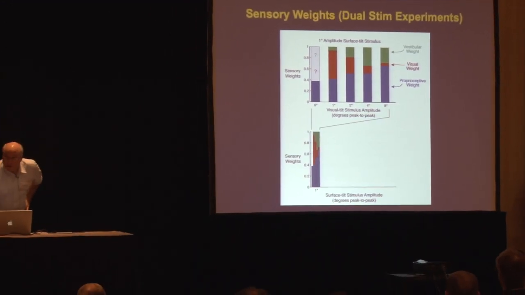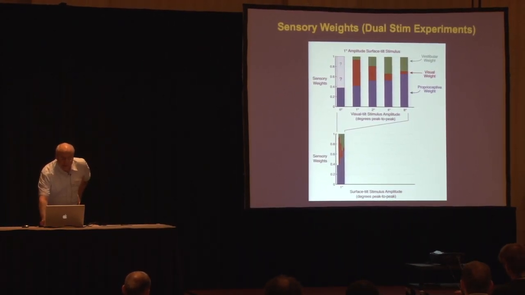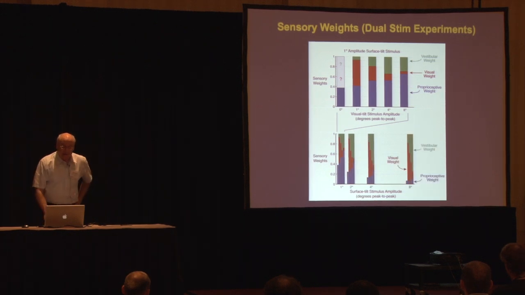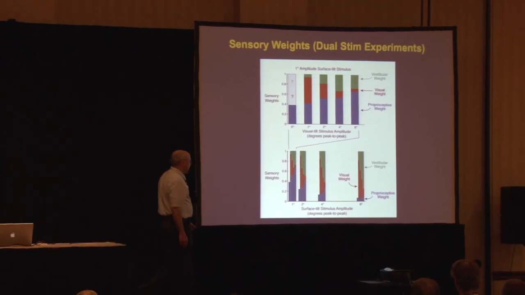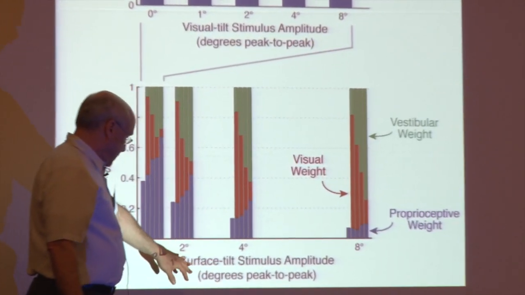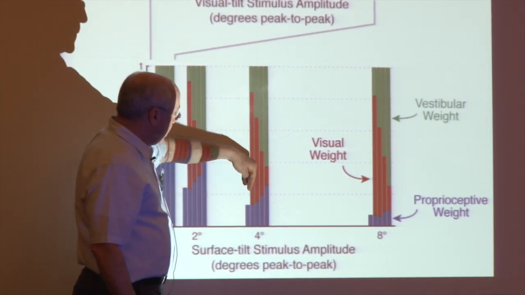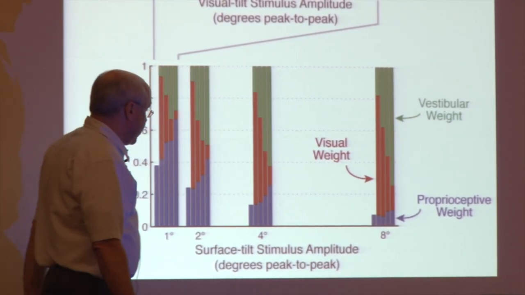And if I just collapse that data into that narrower set of bar graphs, then we can add in all the other conditions that we tested. And so here, that's 2 degree, 4 degree, and 8 degree surface tilt amplitudes, and within each column, you're increasing the visual weights.